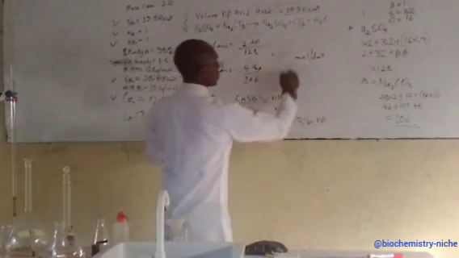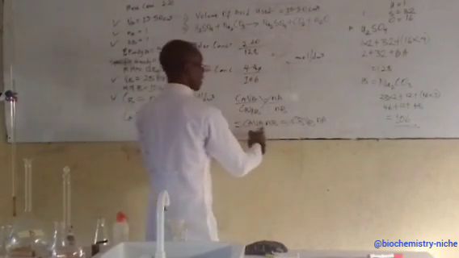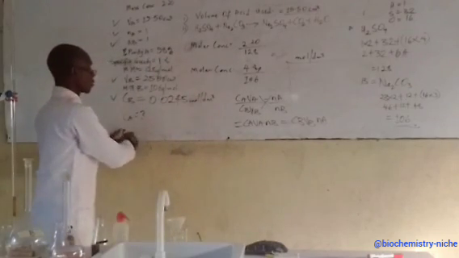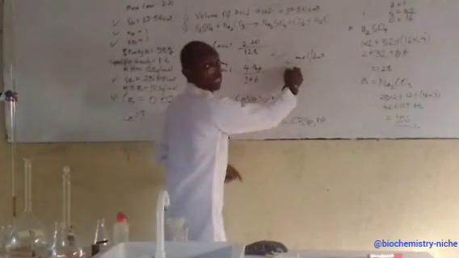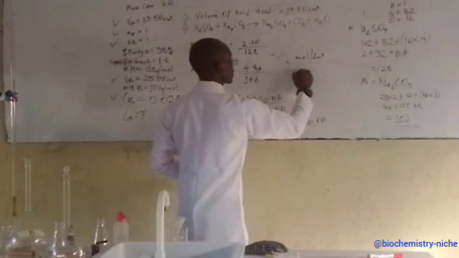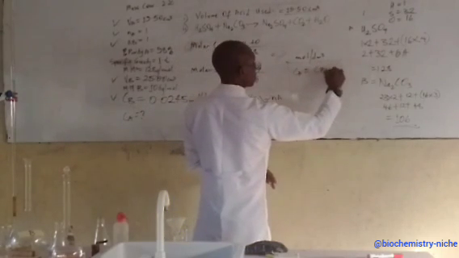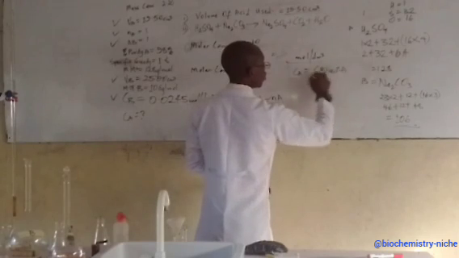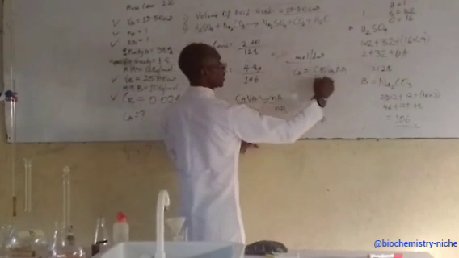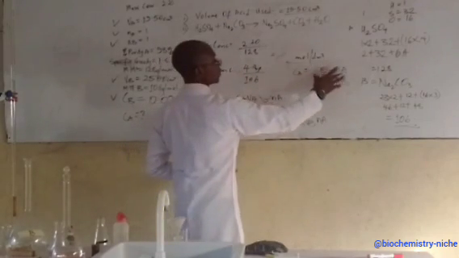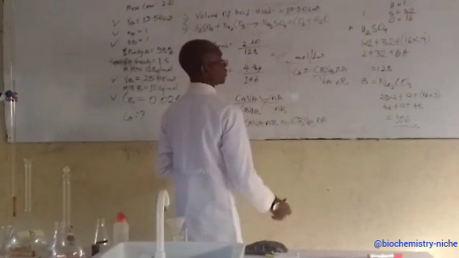The resultant of this, since Ca is what we are looking for, is Ca equals CbVbNa all over VaNb.